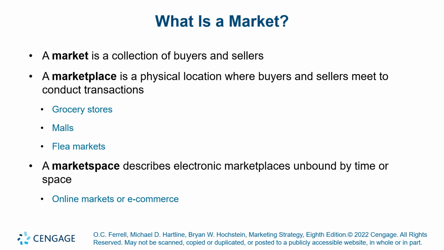Market: people, buyers and sellers. Marketplace: physical locations like grocery stores, malls, flea markets, or online stores. Market space describes the electronic marketplaces unbound by time or space.